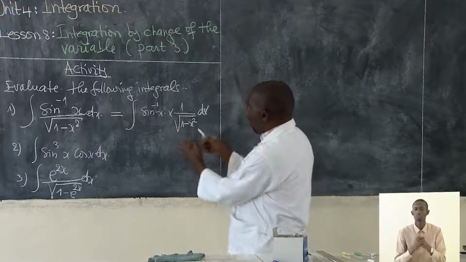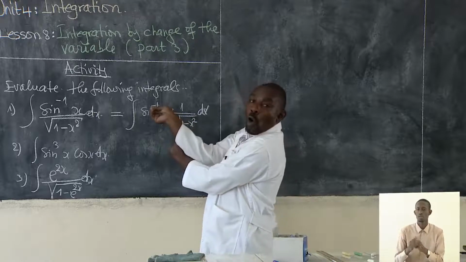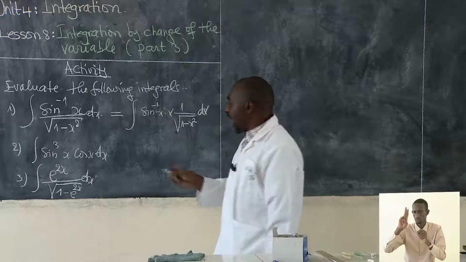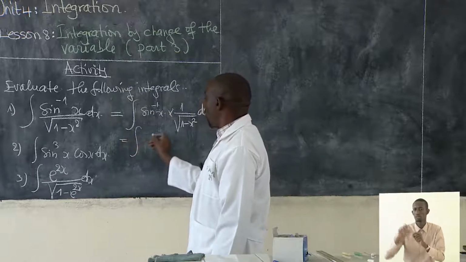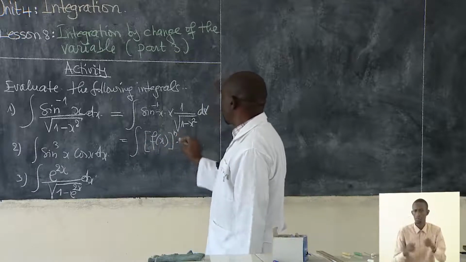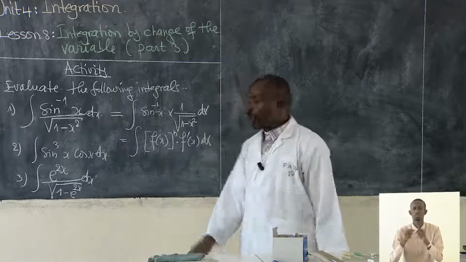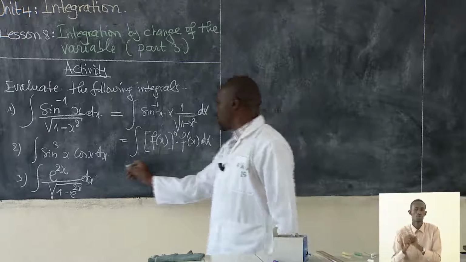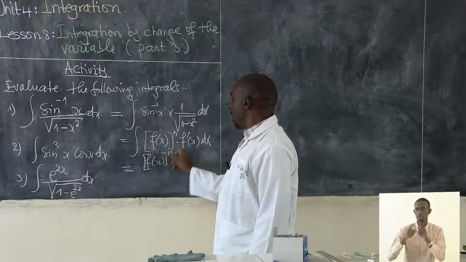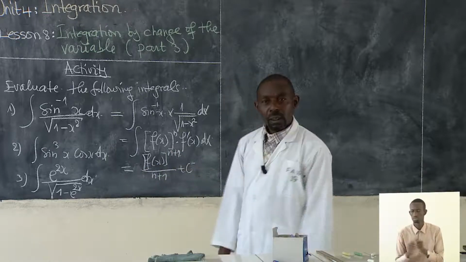Means that 1 over square root of 1 minus x squared is the derivative of arcsine of x. It's like the integral of a function power n times its derivative, dx. And you know when you have this form, immediately you get f of x power n plus 1 divided by n plus 1, then plus c.